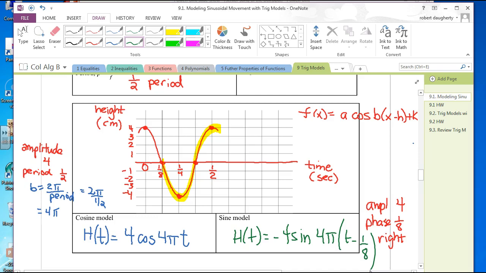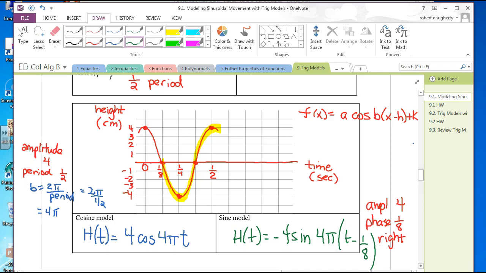Come on, guys. At 0, what is this coordinate? Okay, what's the cosine of 0? Cosine of 0 is 1. What's 1 times 4? 4. So that tells me, yes, this thing is 4 centimeters high at time of 0.